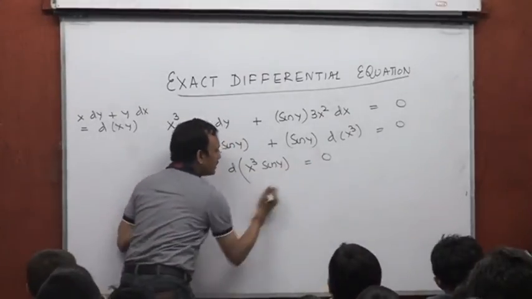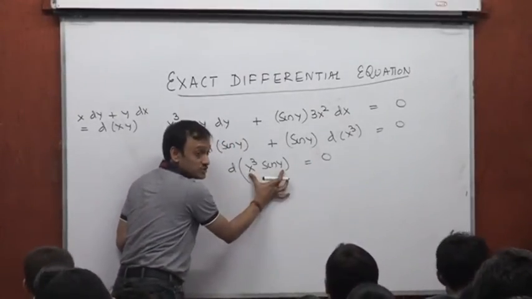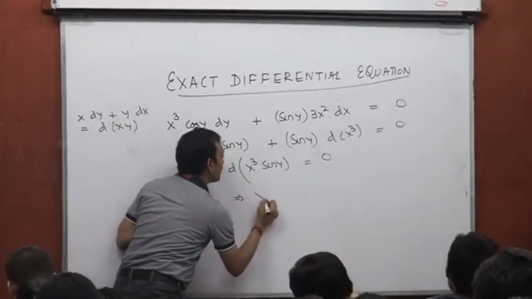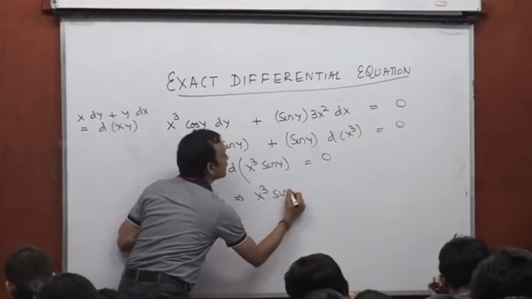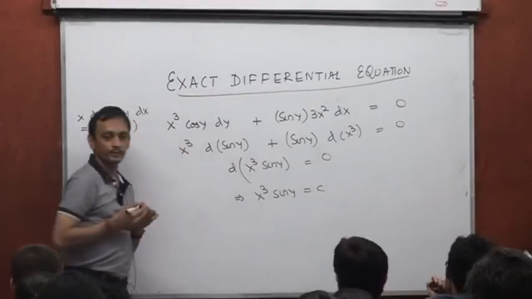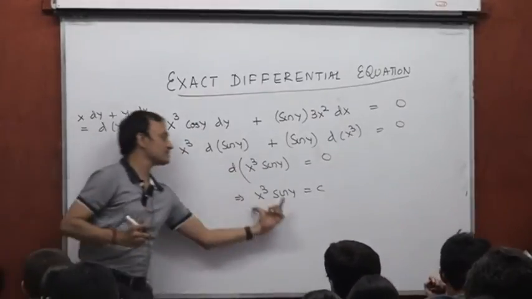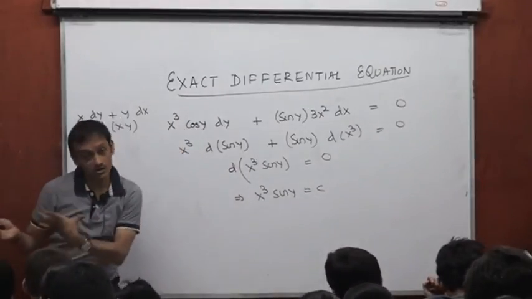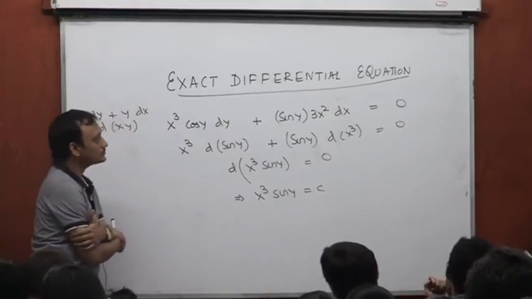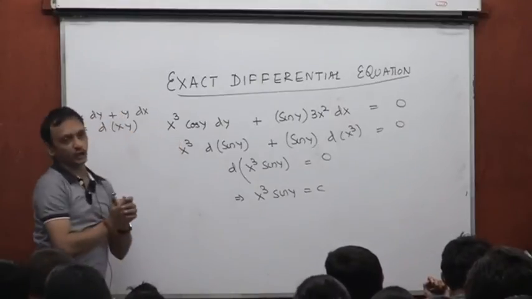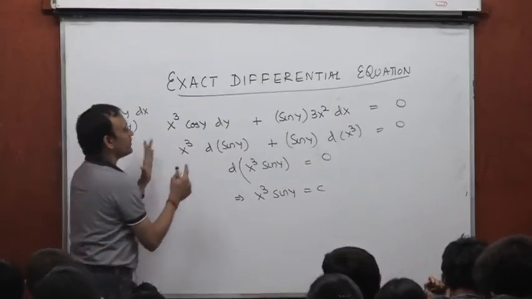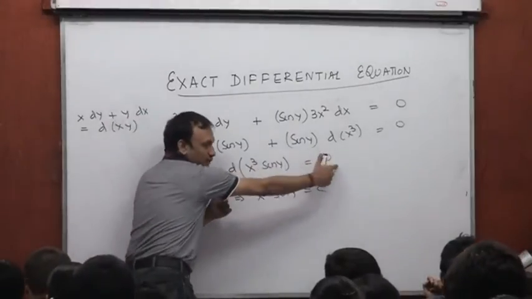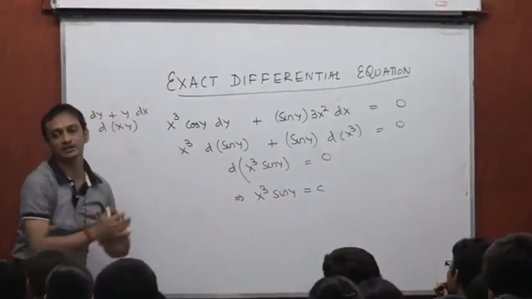And if d of this is 0, that means this must be a constant. This would imply x cubed sin y equal to c. If d of something is 0, then that something must be a constant. Now this kind of differential equation, which could eventually be reduced to d of something equal to 0, is called an exact differential equation.